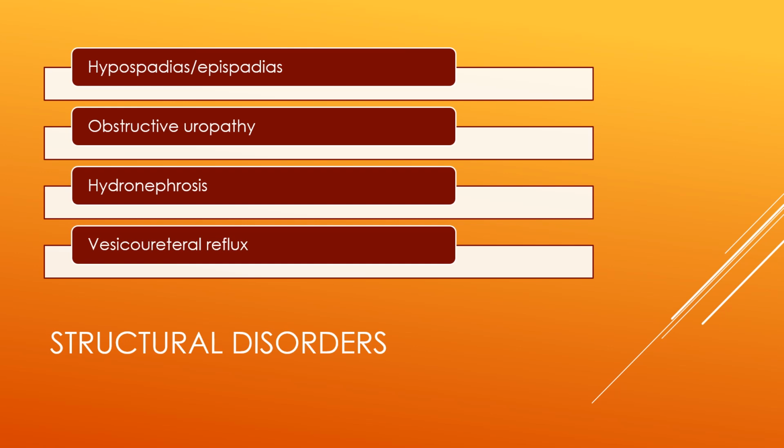Hydronephrosis is when the pelvis and the calyces of the kidney are dilated. And then vesicoureteral reflux is a condition in which urine from the bladder flows back up into the ureters. We're going to talk about obstructive uropathy and vesicoureteral reflux specifically for these structural disorders.